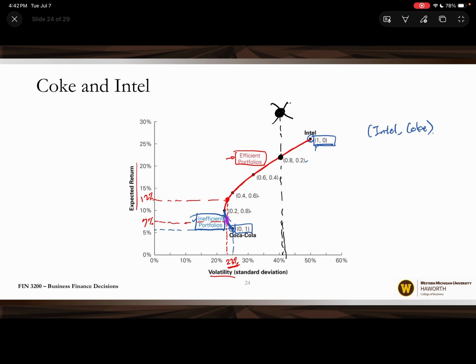In this case, such a portfolio does not exist. Or, as we talked about before, you could draw a horizontal line too. To check this portfolio, given all the portfolios that generate an expected return of 15%, is there anything that gives a lower volatility? Such a portfolio does not exist, so this is an efficient portfolio.